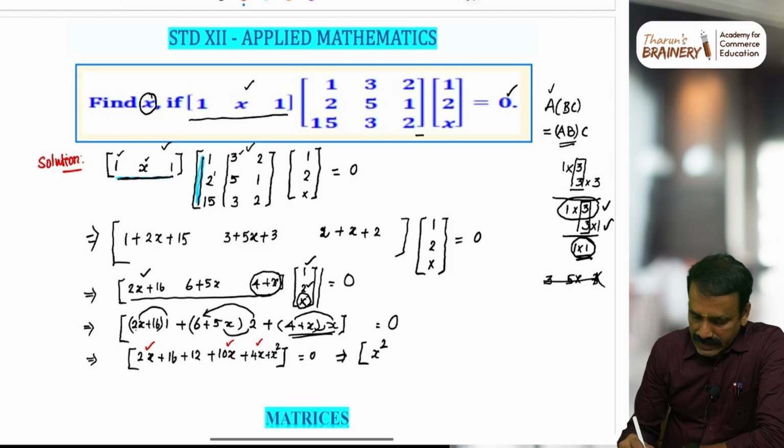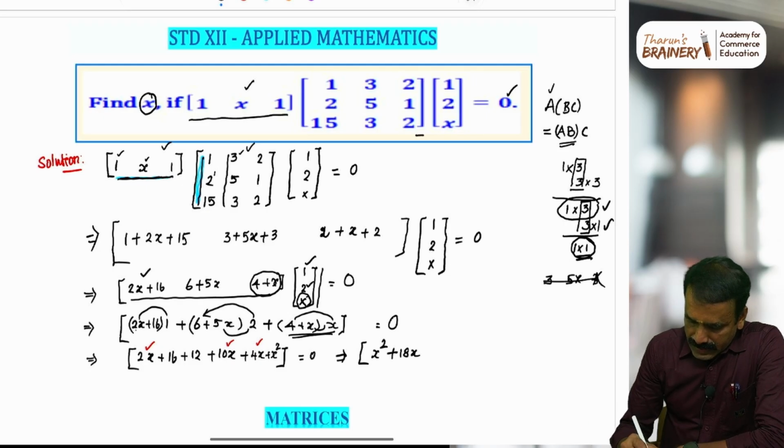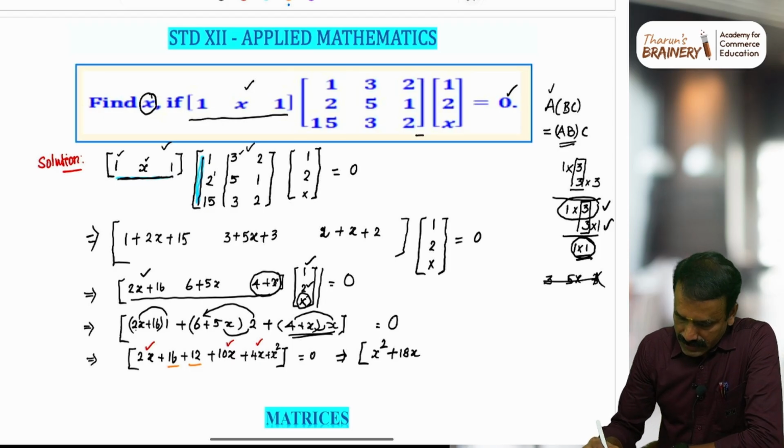So 10x plus 4x is 14x, 14x plus 2x is 16x. And here the constants are two terms, 16 and 12, both having the same symbol. 16 plus 12 is 28.